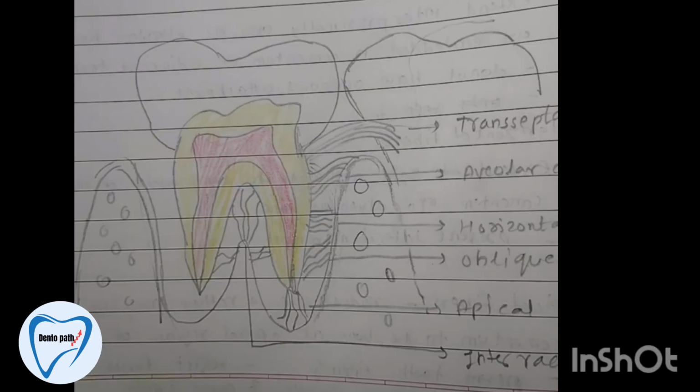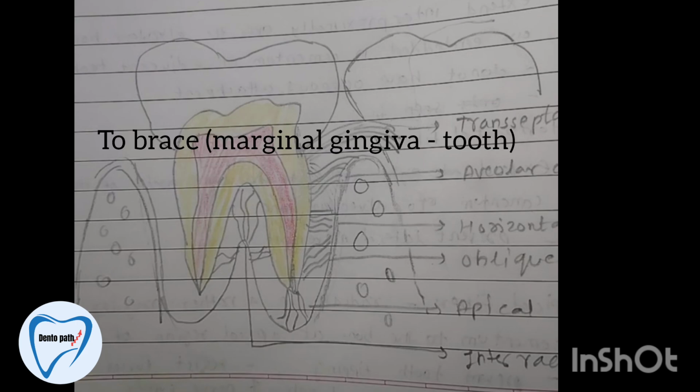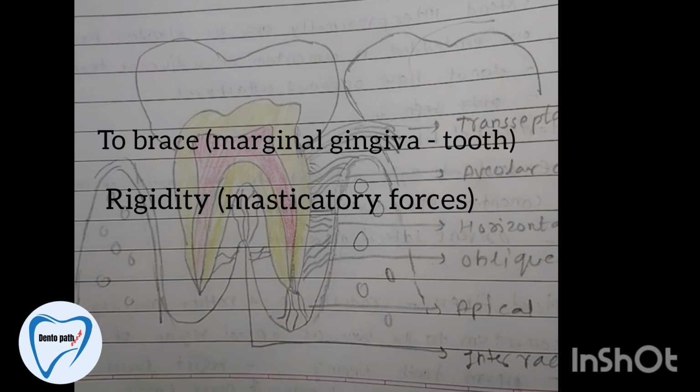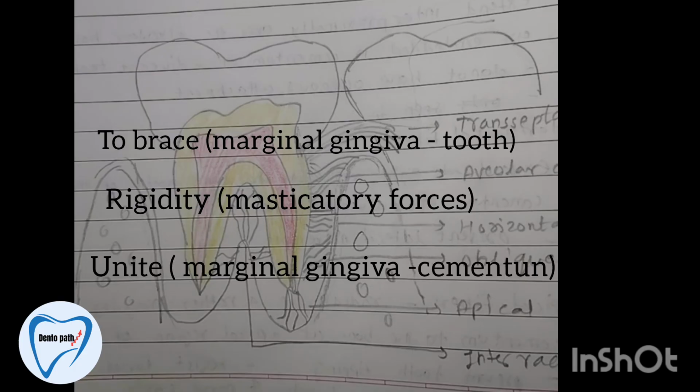Uses of gingival fibers: to brace the marginal gingiva firmly against the tooth, to provide the rigidity necessary to withstand the masticatory forces without deflecting away from the tooth, to unite the free marginal gingiva and the cementum of the root and the adjacent attached gingiva.